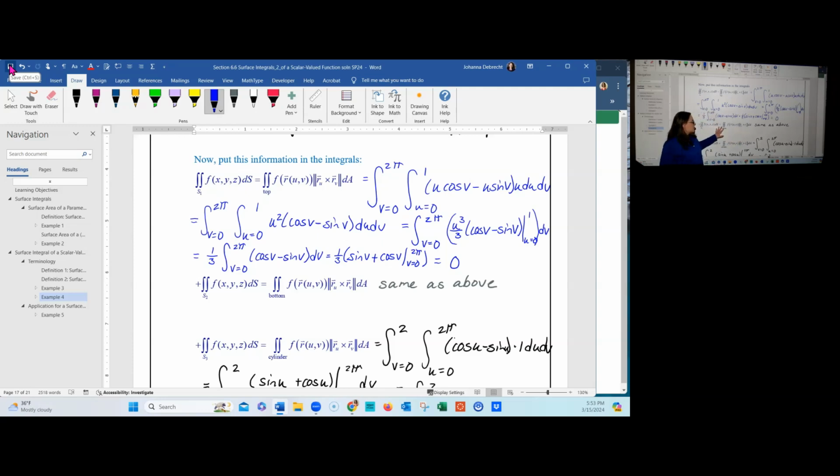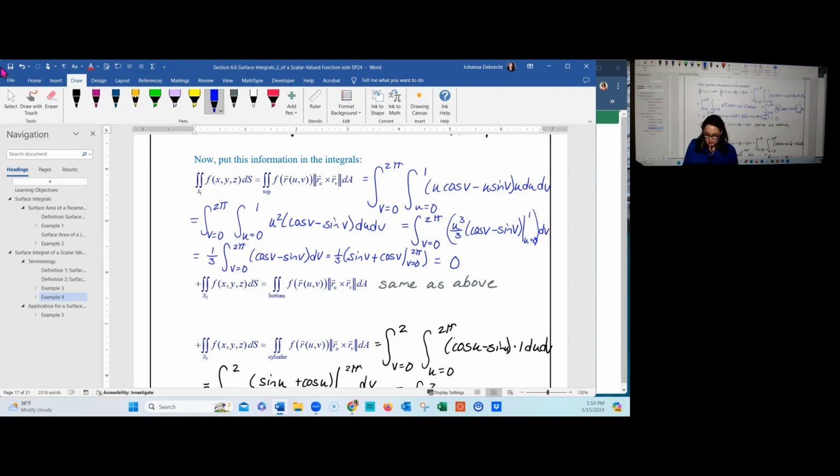Now, let's go ahead and look at the other two surfaces. The second surface, which is the bottom, is going to be exactly the same because the magnitude of our normal vector is precisely the same. In a sense, it's exactly the same surface, just one at location z equals 2 and one at location z equals 0. Therefore, we're going to get 0 for the bottom surface as well.